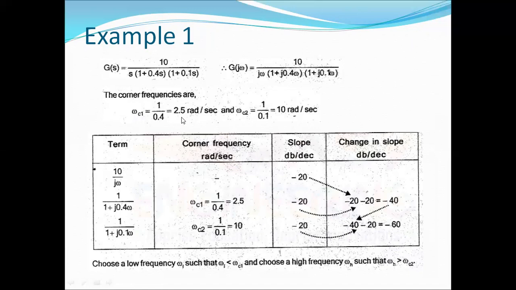And the next corner frequency is 2.5. The corresponding factor is 1 divided by 1 plus j 0.4 omega. Its corner frequency is 2.5, and it contributes a slope of minus 20 decibel per decade. The previous term contributes minus 20, so adding the previous slope with the current slope, you get minus 40 decibel per decade.